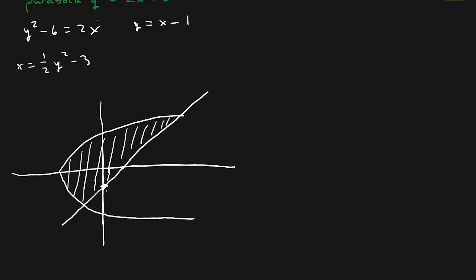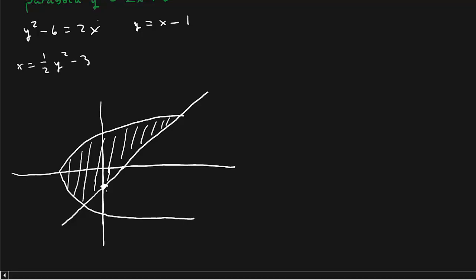Now, how do we go about doing this one? Well, on this one, we want to integrate with respect to y. In all the other problems, we integrated with respect to x. But this one, we want to integrate with respect to y. And yes, I need to know where these things intersect.